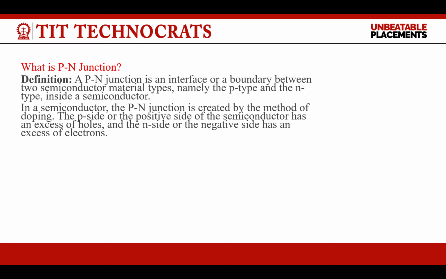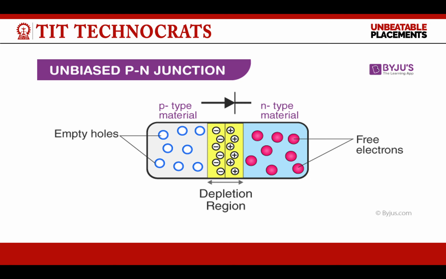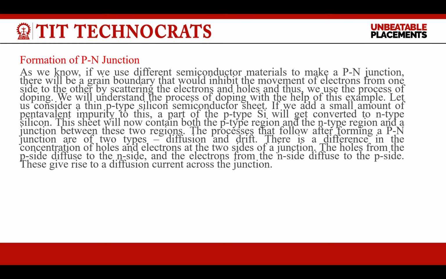The P side, that is the positive side of the semiconductor, has an excess of holes, and the N side, that is the negative side of the semiconductor, has an excess of electrons. Now the unbiased p-n junction: this is the diagram having p-type material with empty holes, and the n-type material having free electrons, partly separated by the depletion region.